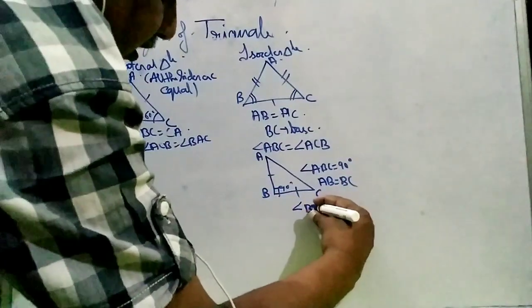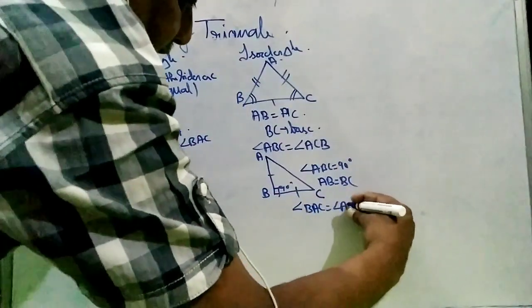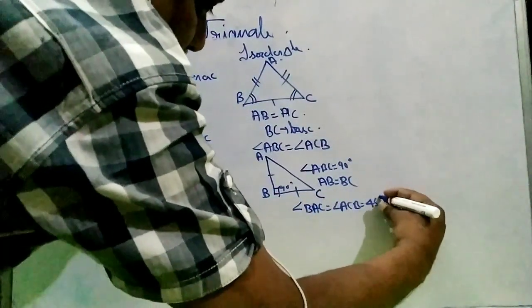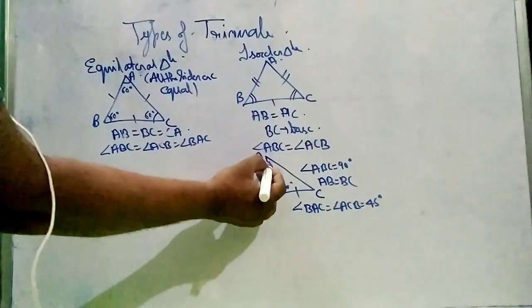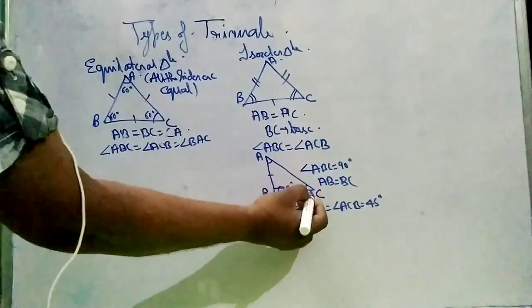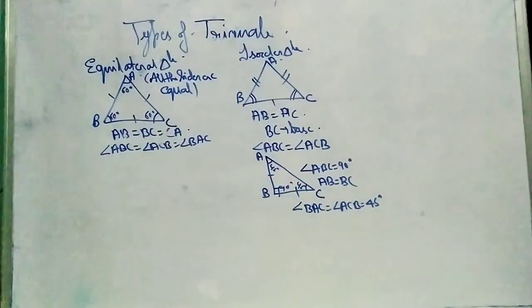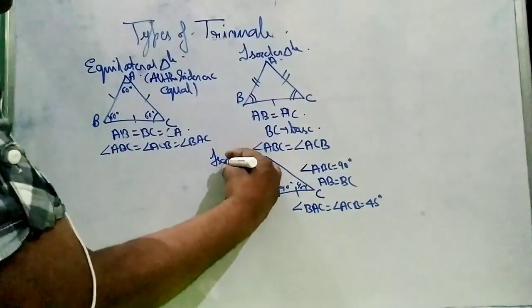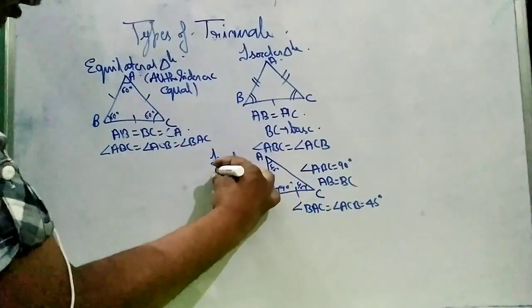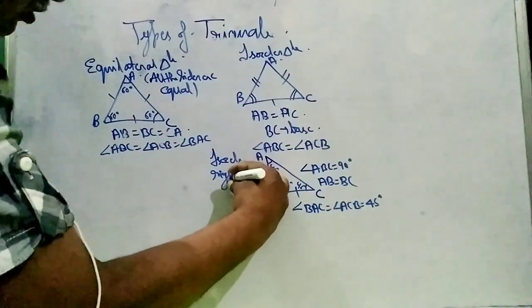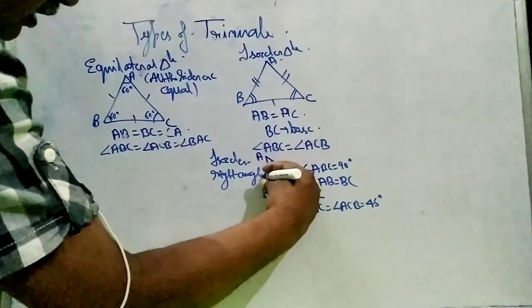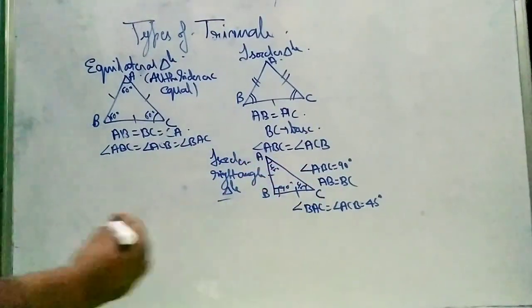So, angle BAC is equal to angle ACB and both will be equal to 45 degree because the remaining sum of two angles is 90 degree, so 45 degree each in an isosceles right angle triangle. So, this is called as isosceles right angle triangle.